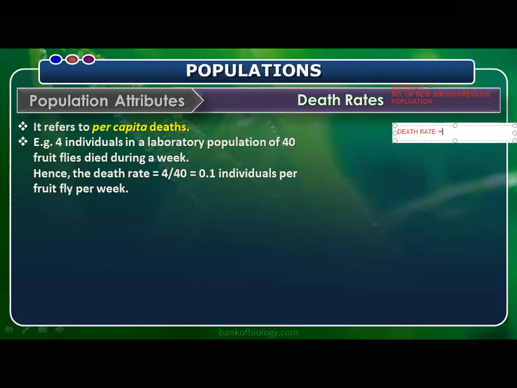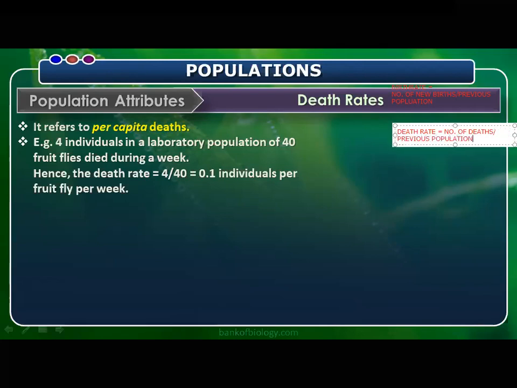Death rate equals number of deaths by total population, not 36, we have to take the total population, or previous population. To avoid confusion, I am writing previous population here, that's better. What is the previous population? 40.